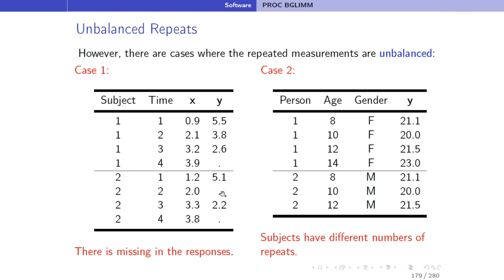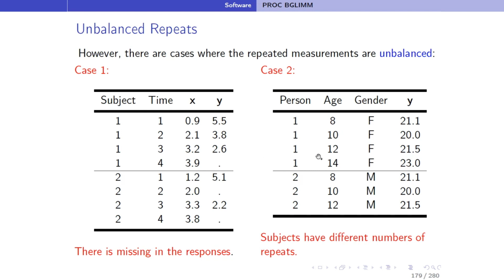So this is a situation where the x information are all known. You can think of x as known covariate information, but in some cases y just cannot be observed. On the left-hand side, everybody still has the same number of repeats over time, 1, 2, 3, 4.